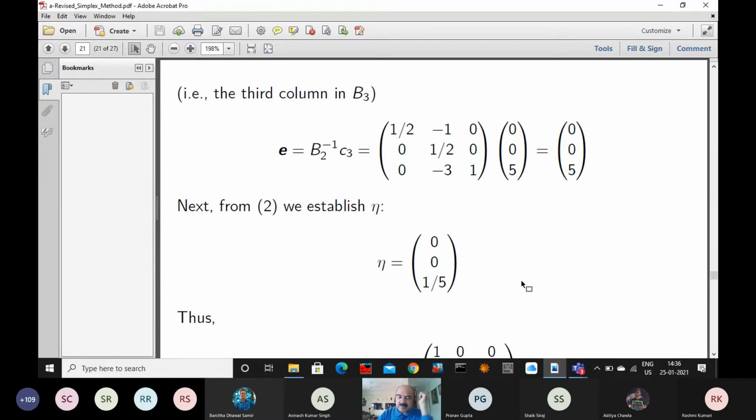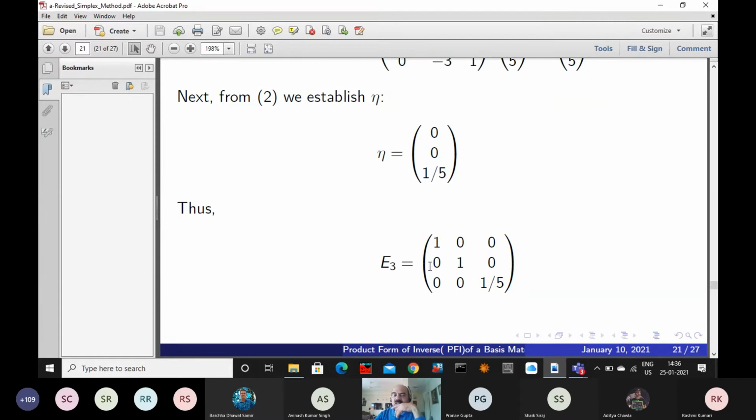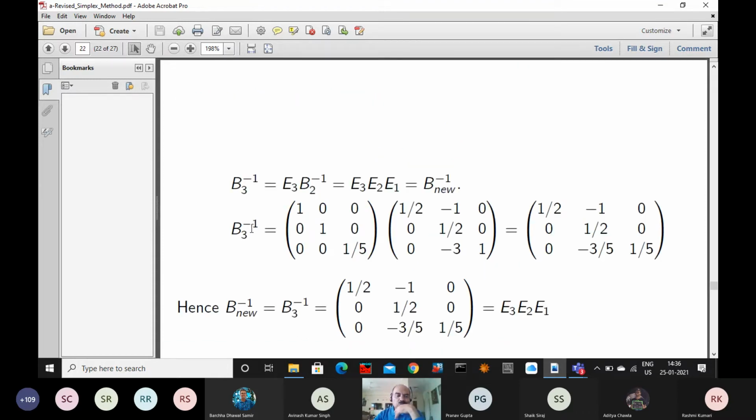Now what is our E3? E3 equal to first column 1 0 0, second column 0 1 0, third column 0 0 1 by 5. E3 you have got. Now what is B3 inverse? B3 inverse equal to E3 and whatever inverse you have got, that is E3 into E2 into E1. So we have B3 inverse equal to E3 times this product, which is nothing but our B2 inverse.